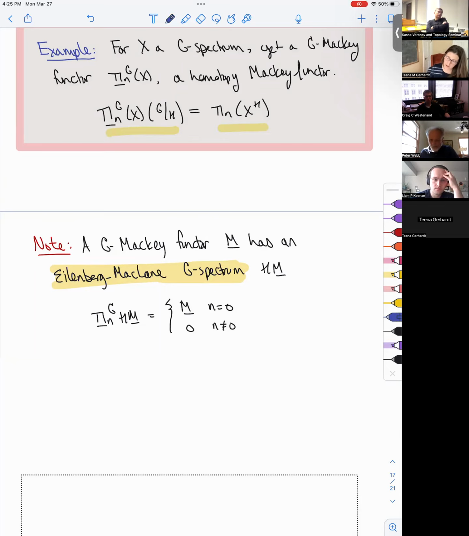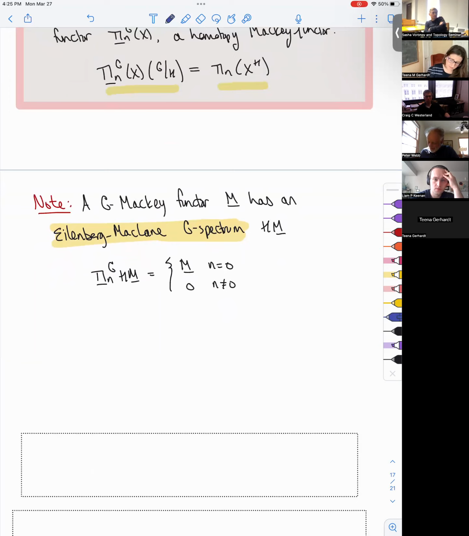The category of G Mackey functors has a symmetric monoidal product, which is called the box product. So if I have two Mackey functors for G, I can take their box product. This can be defined in a very algebraic way. I don't know if cheat is the right word, but I'm going to give a very topological definition of this. This is maybe not the most classical definition of the box product, but here's one way of saying what it is.